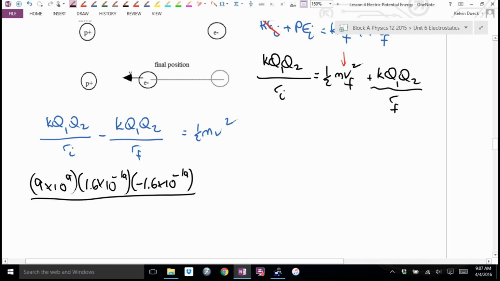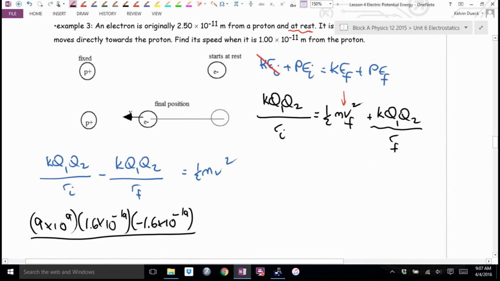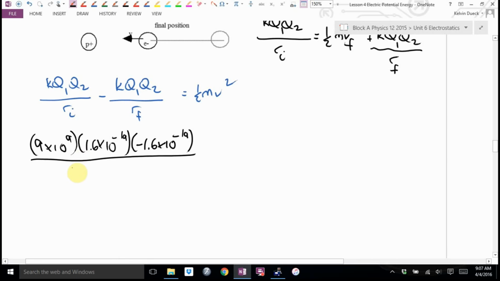R initial, 2.5 times 10 to the negative 11, pretty close. Minus, hey, are the k's the same in each? Are the Q1s the same in each? Are the Q2s the same in each?